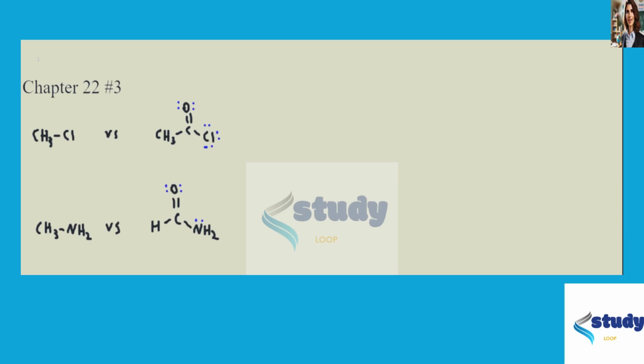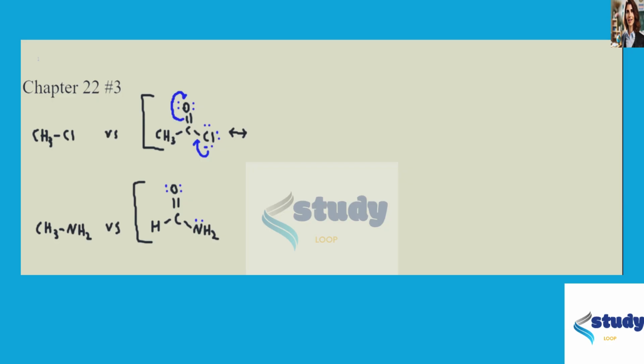So this is a confusingly worded question, but basically, in order to see what they're talking about, we're going to need to draw the resonance structures of each of these carbonyl compounds. Starting with the acid chloride here, the resonance structure is going to look like this.